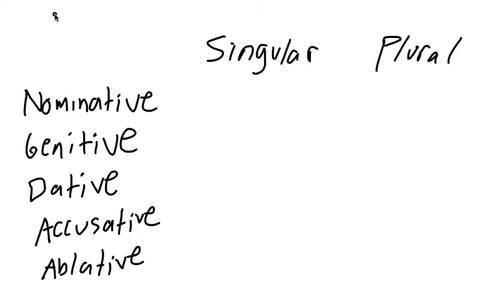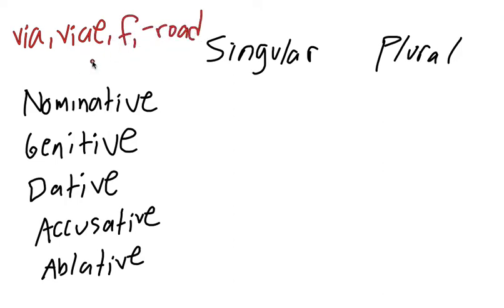This time, let's use the noun via. I'll write the vocab entry up here: via, viae, feminine, road. If I take the base of via by taking away the genitive singular ending, my base is just vi.